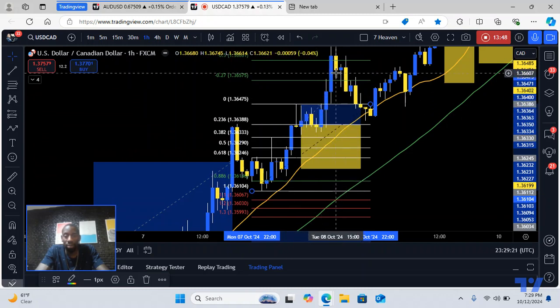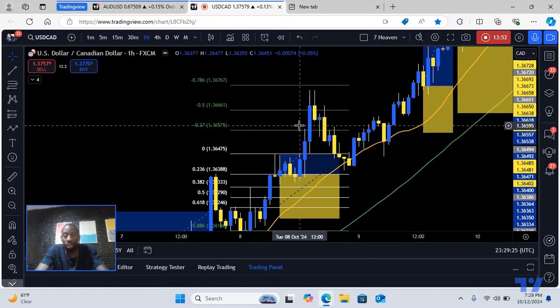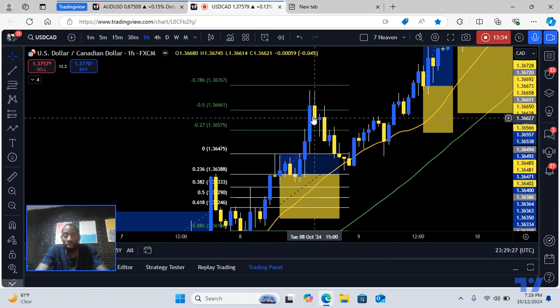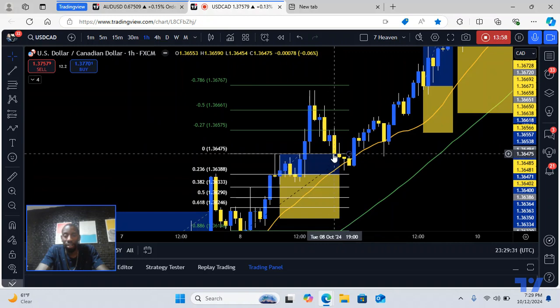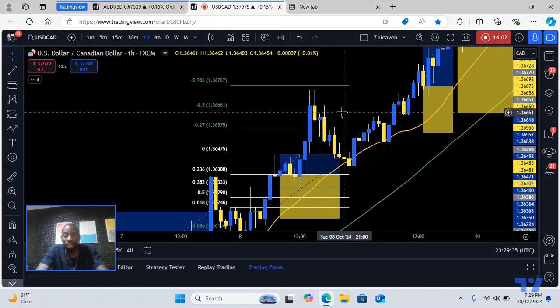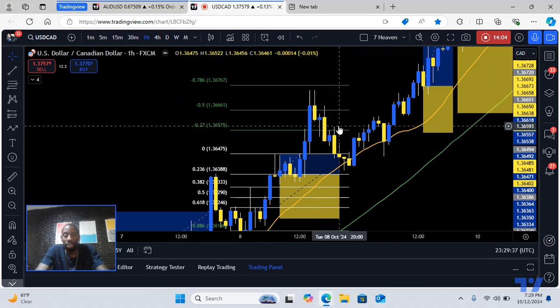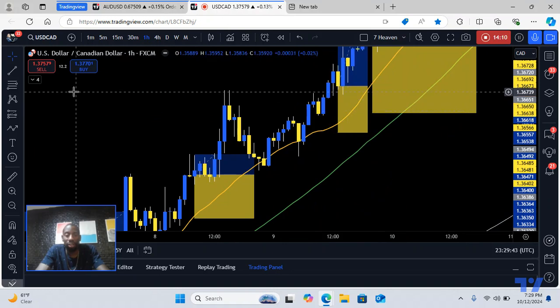So this is the setup. And then we wait. It hits our boom here, this level. Came close, came up in profit, and then came back down, stopping us out. And we actually took profit here on this setup when we took it. I remember that play. So that's that on that one.